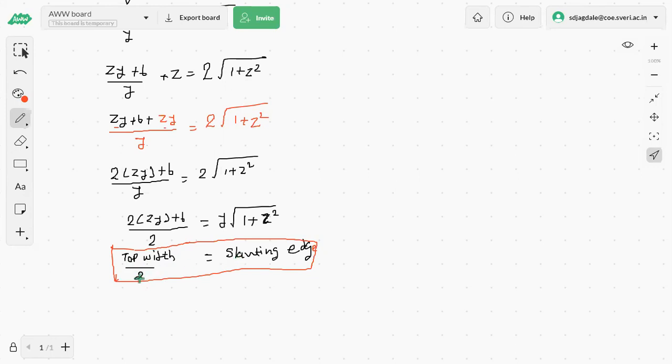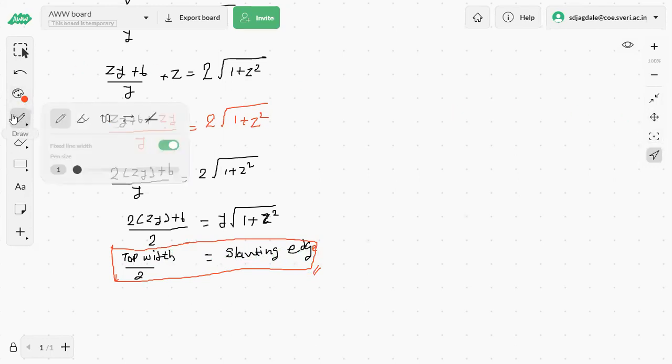It is the same if you take this 2 to the right hand side. So top width will be equal to 2 times the slanting edge, or the slanting edge equals half of the top width. This is one of the conditions for the trapezoidal section to be the most economical section.